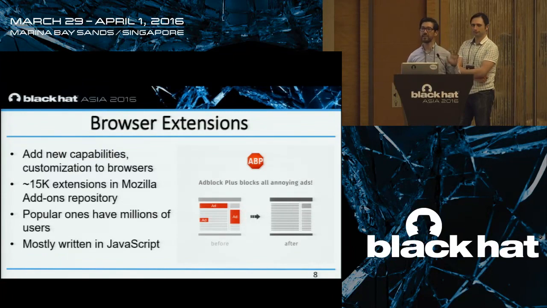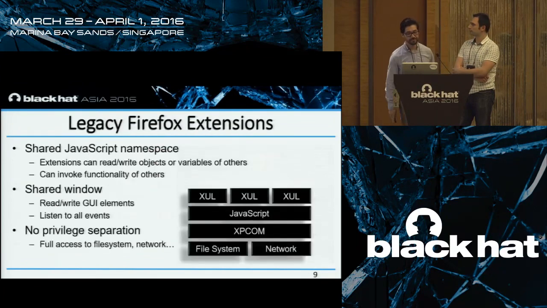There are cases where you can have components of these extensions developed in native code like C++, but by and large, most extensions are primarily written in JavaScript, code which both Mozilla and users could, in principle, manually inspect. So there's a lot of visibility into the inner workings of these extensions.